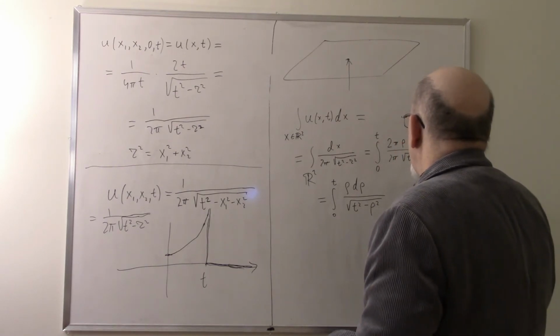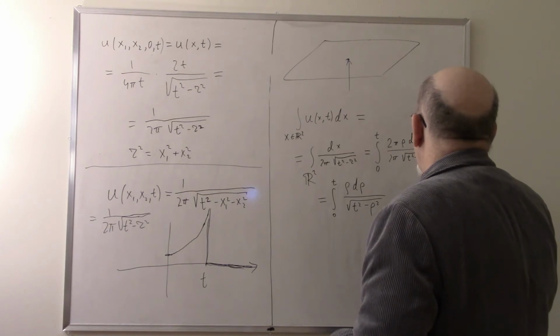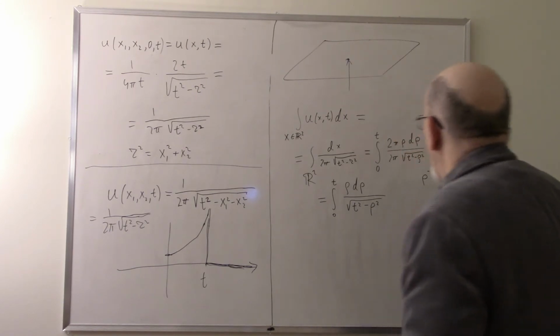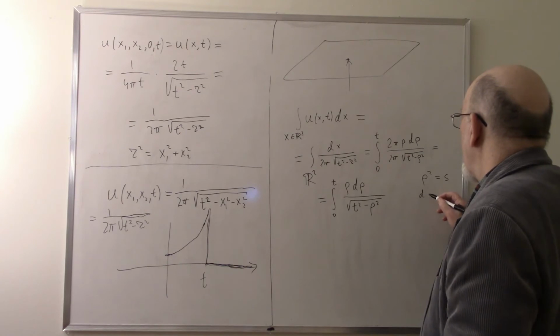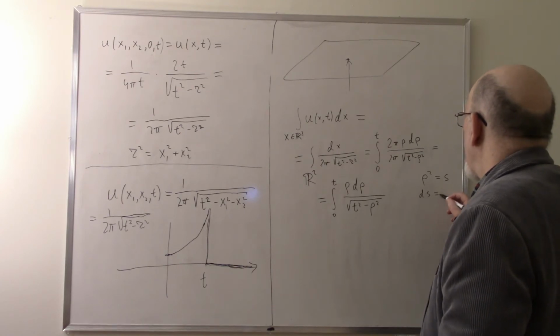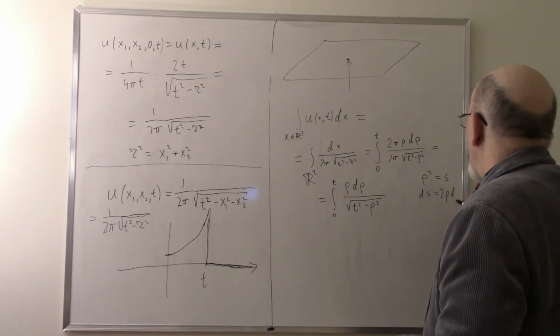Now we say rho square equals s, ds equals 2 rho d rho.